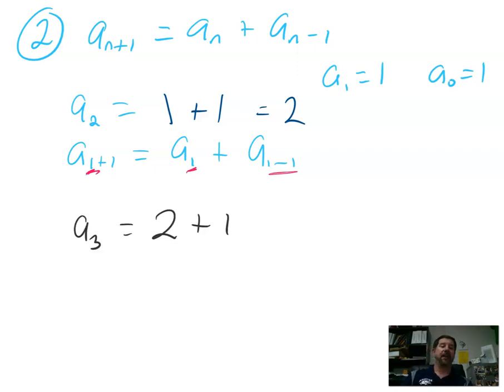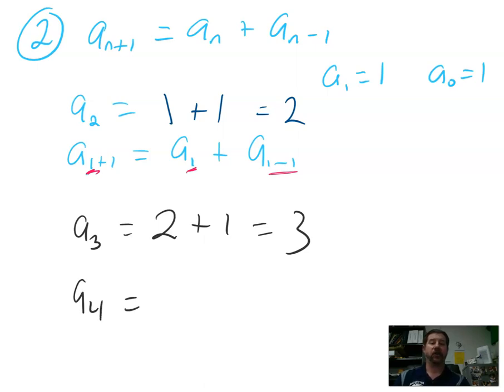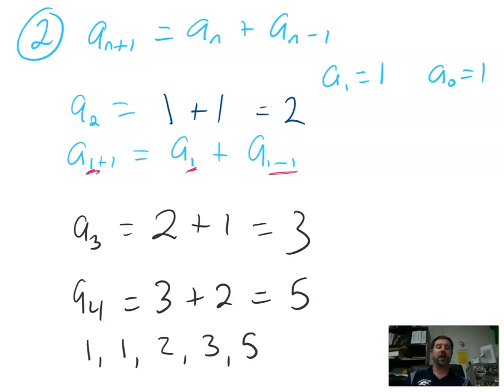If I wanted to find the third term, I would need a sub 2 plus a sub 1. So 2 plus 1. So the third term should be 3. To find the fourth term, it would be the term before it, the third term, plus the term before that, the second term. So this would be 5. And so my first 5 terms of this would be 1, 1, 2, 3, 5.